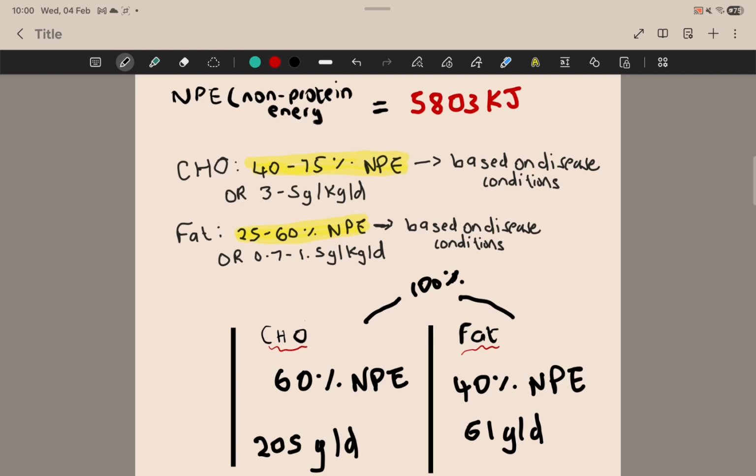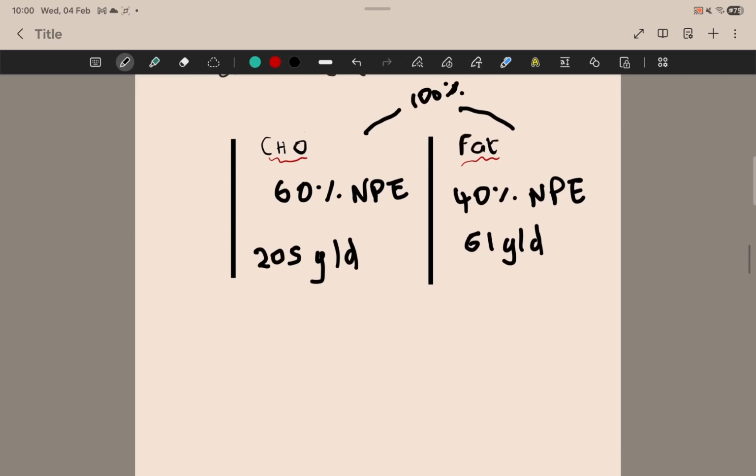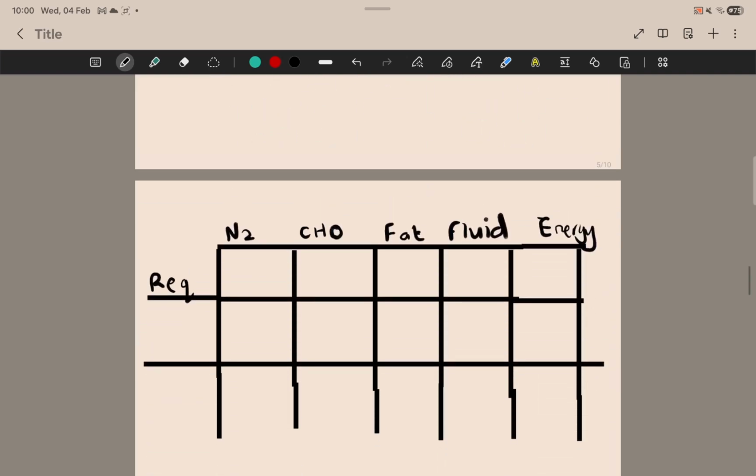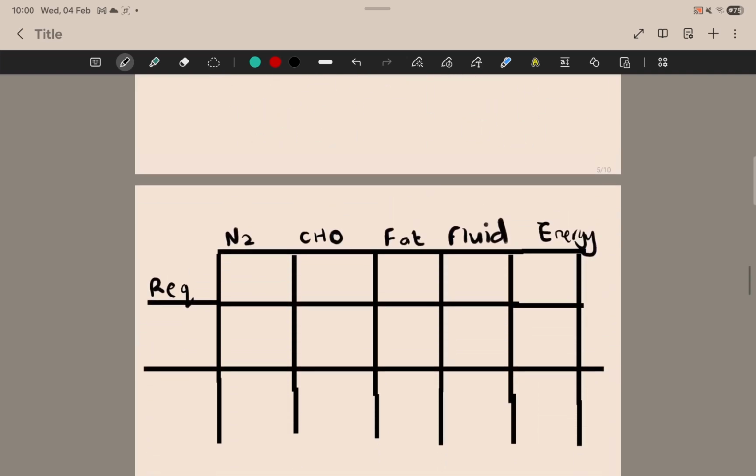Now we're going to put all of this information into our table. Using a table to calculate your requirements gives you clarity on all of your values, and then you can compare the different bags.